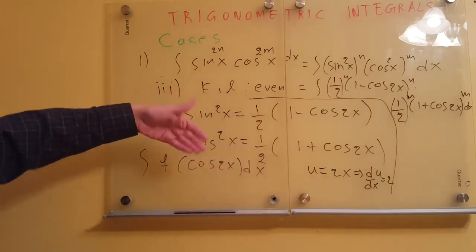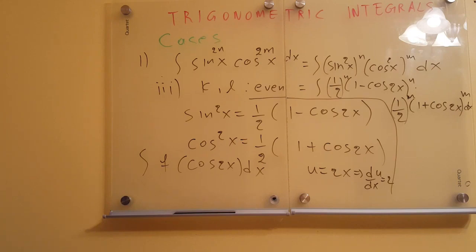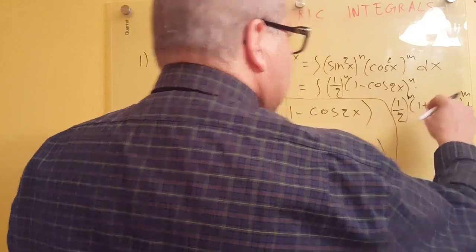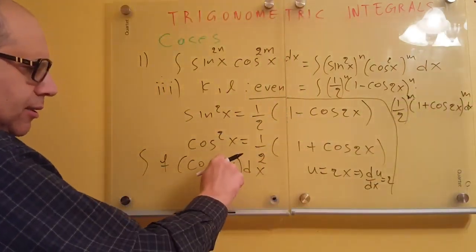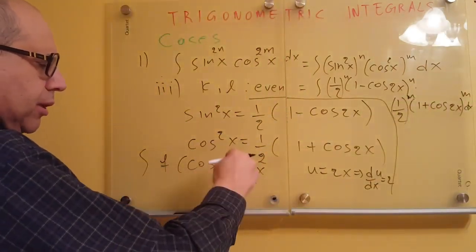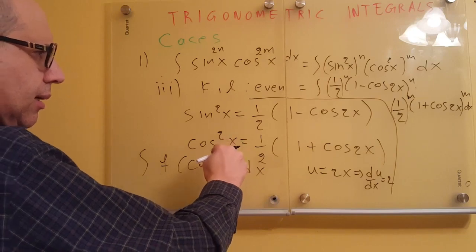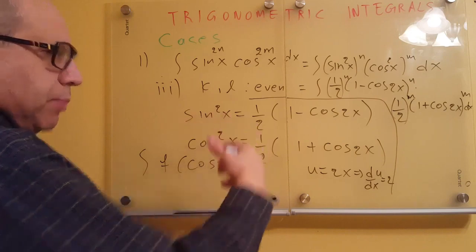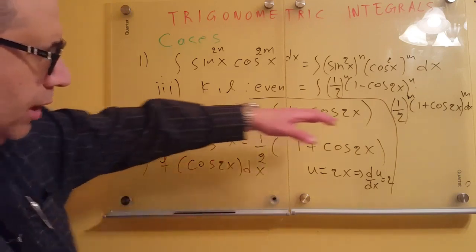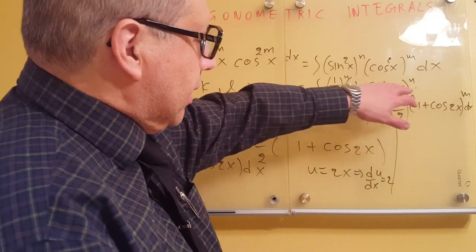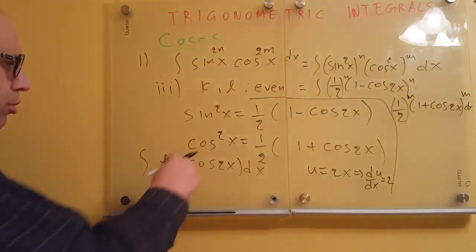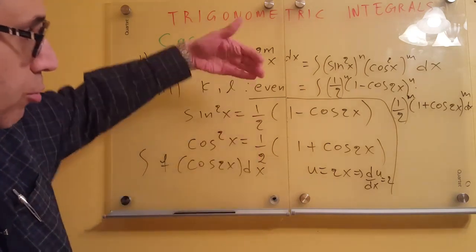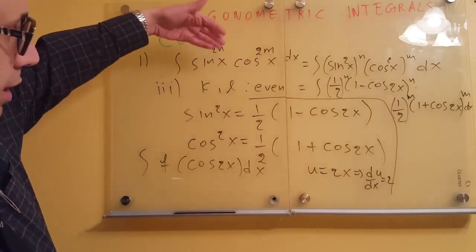The only thing is that sometimes, because here you have powers of n and m, you might have this to some even power, okay? When you multiply, you might have, let's say, cos square 2x squared. In this case, you start again from the beginning.